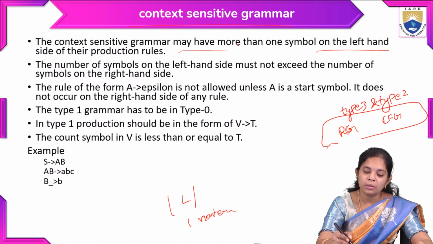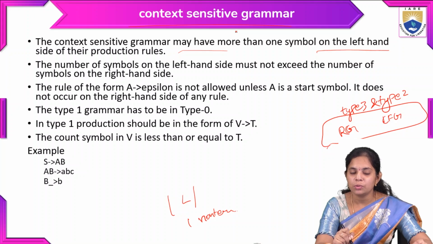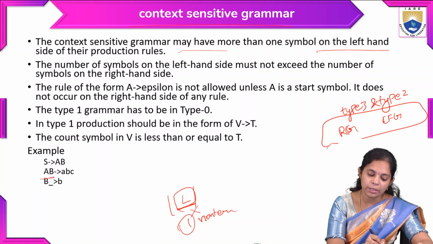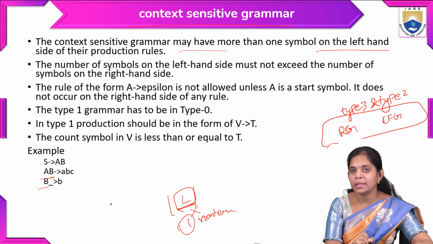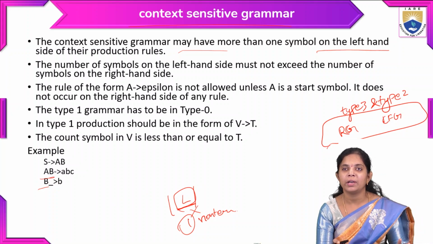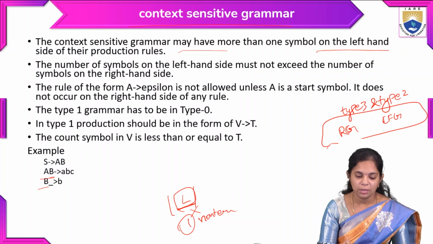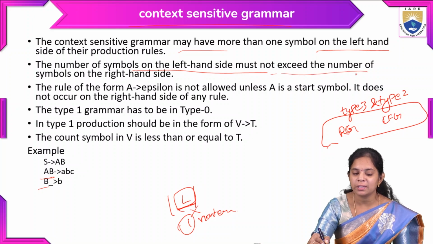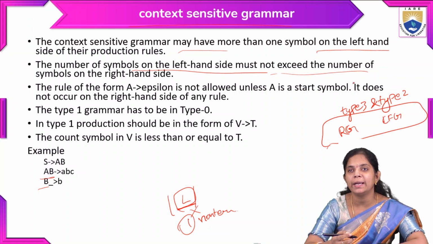But coming to the context sensitive grammar, the left hand side is not limited to one, it can be a combination of multiple symbols. The lengths of the left hand and right hand sides are different here, and the number of symbols on the left hand side must not exceed the number of symbols on the right hand side.